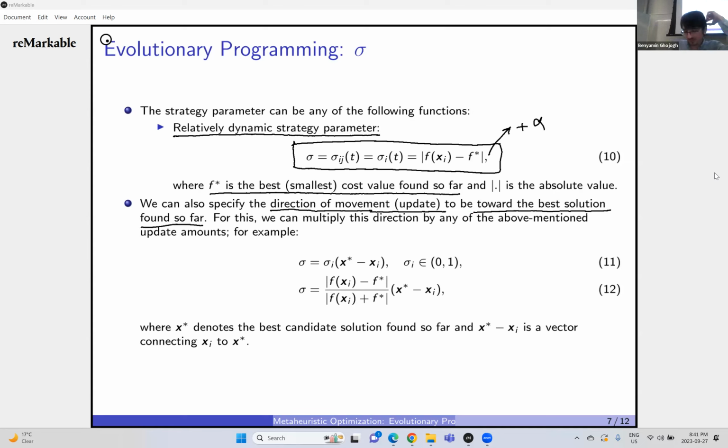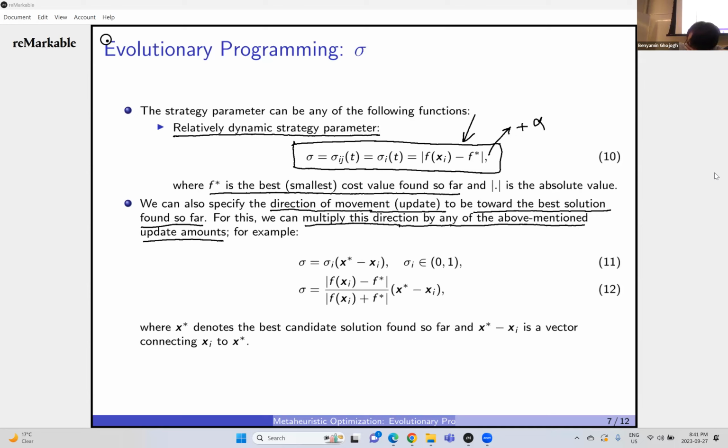So I can say that I want my delta xi to be toward the best solution found so far. These are the variants of the algorithm that I'm telling you. For this, we can multiply the direction that we just saw in equation 10 by any of the above mentioned update amounts.